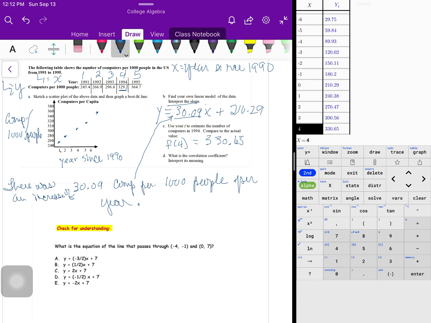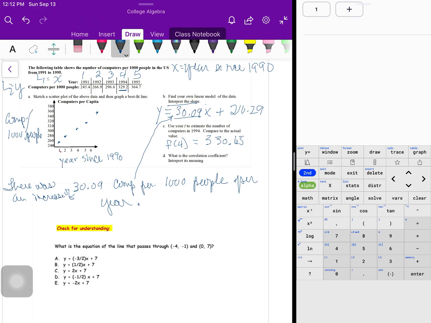In fact, if you want to know the difference, you can just quit and calculate how close. We should always say how close something is, not just that it's close. So second mode quits, and I want 330.65 minus my actual was 329.2.